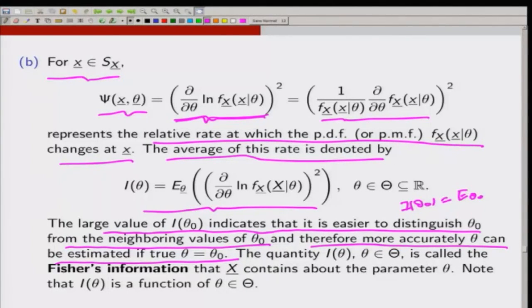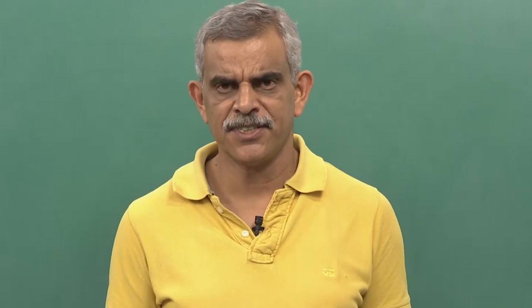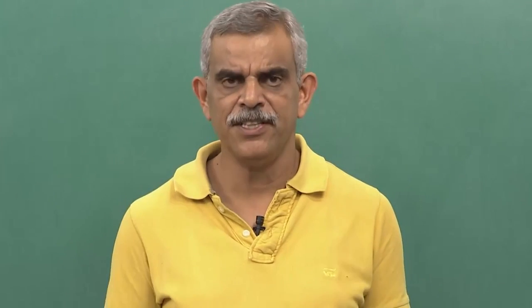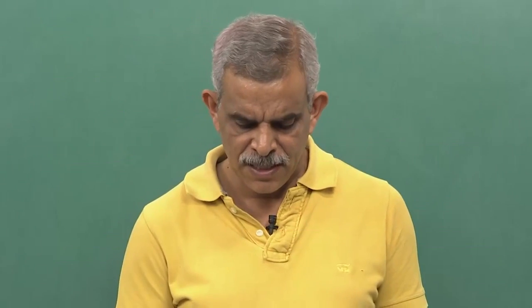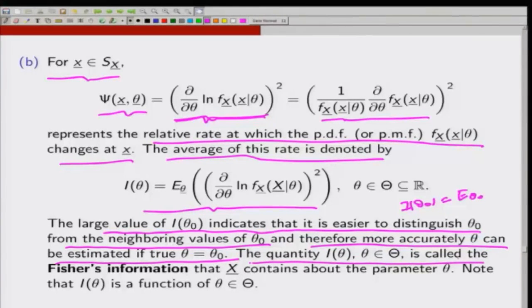That means the PDF is changing very rapidly with respect to theta, and if your distribution is changing very rapidly, that means your theta can be estimated more accurately, because it would be possible to distinguish PDFs for various values of theta. So, in that sense, this quantity I(theta) is called the Fisher's information of x contained about the parameter theta. Note that I(theta) is a function of theta belonging to capital Theta.